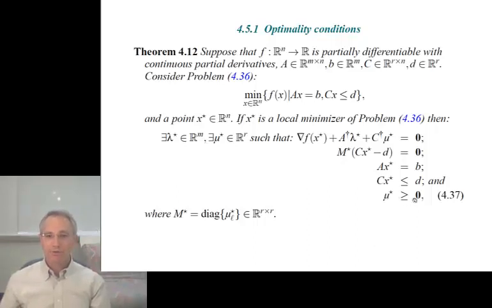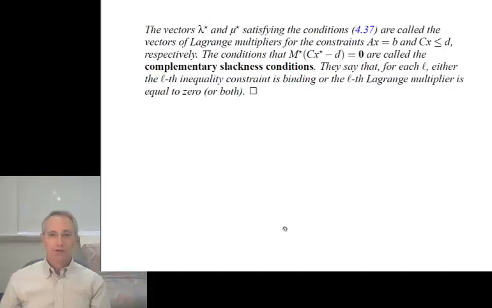The last constraint here is non-negativity on mu. So those constraints that mu star times Cx minus d is equal to 0 are called the complementary slackness conditions, and as I said, they require that for each l, either the lth inequality constraint is binding, in other words, satisfied with equality, or the lth Lagrange multiplier is equal to 0.